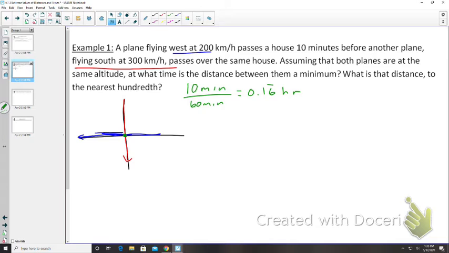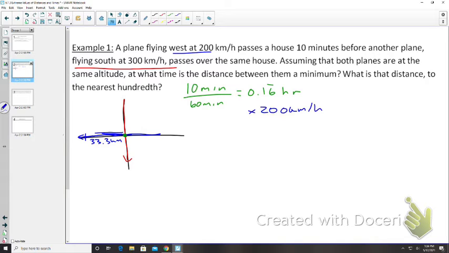For our blue plane, within that 0.16 of an hour, if it's flying at 200 kilometers per hour, we know that it is 33.3 kilometers past the greenhouse when the red plane passes the greenhouse. Remember, the blue plane passed the greenhouse first.